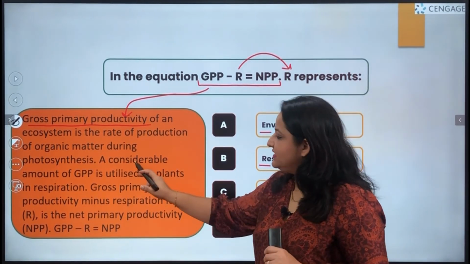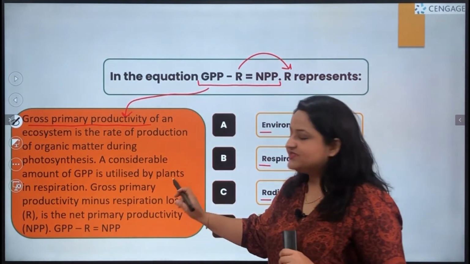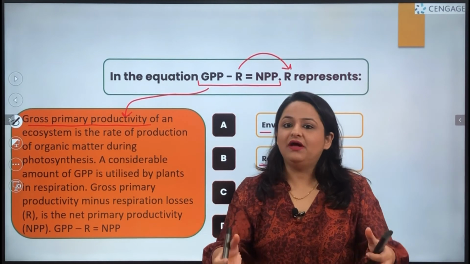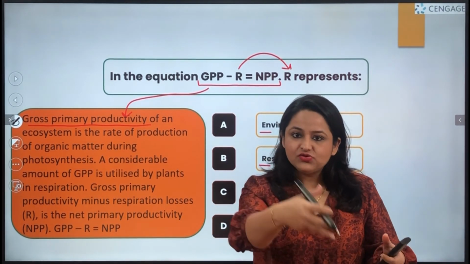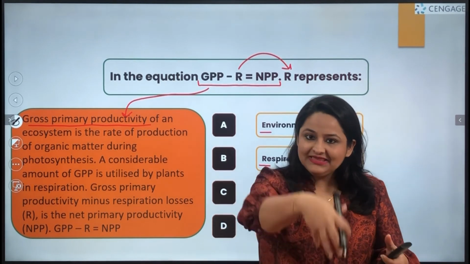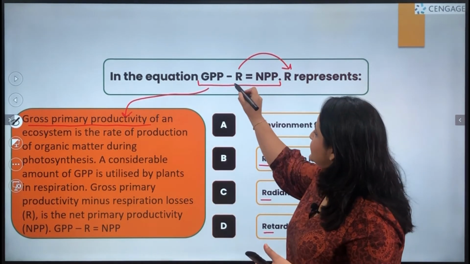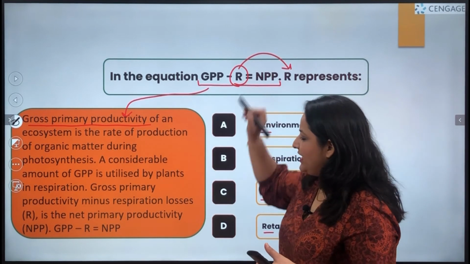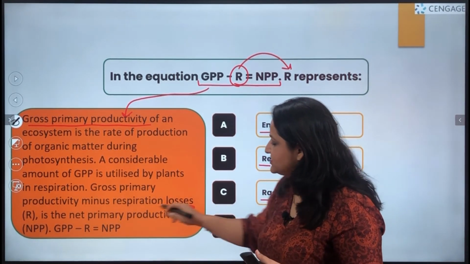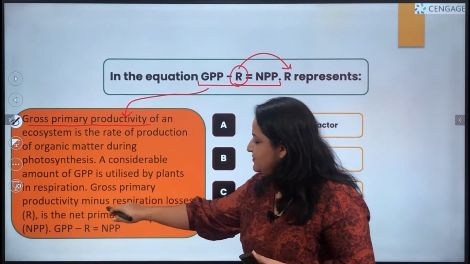Now, a considerable amount of GPP is utilized by the plants in respiration. So whatever organic product the plant has formed, some of it is taken for the process of respiration. And this amount that is taken away is known as the respiratory losses, that is the losses which happen due to respiration.